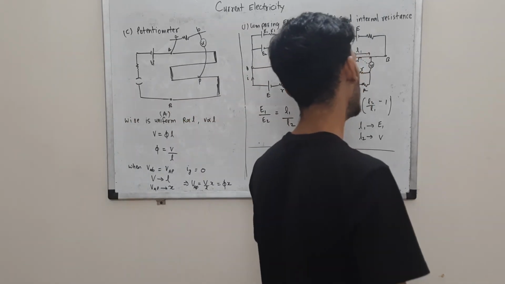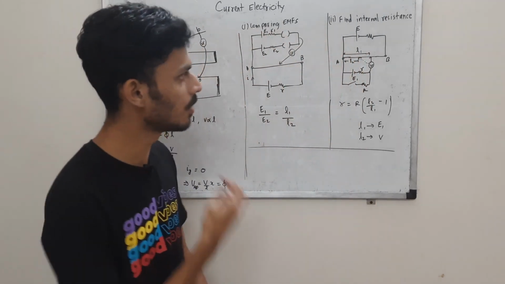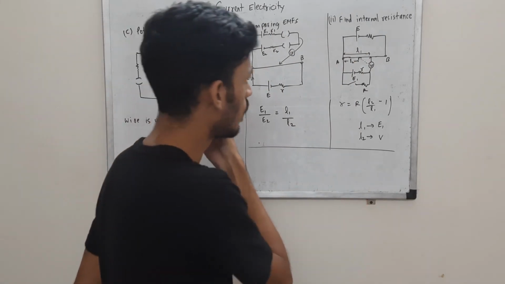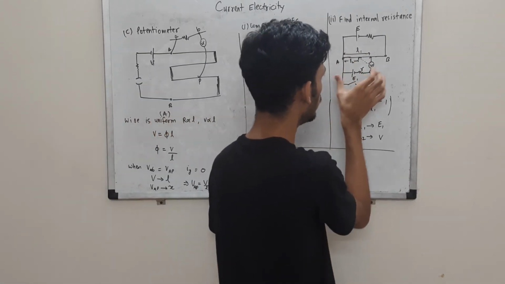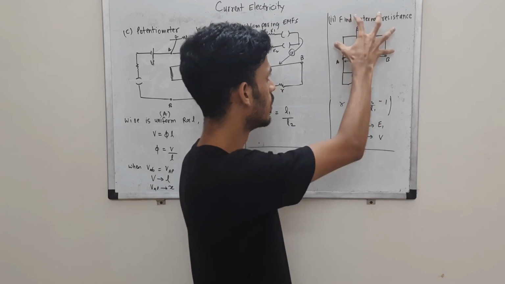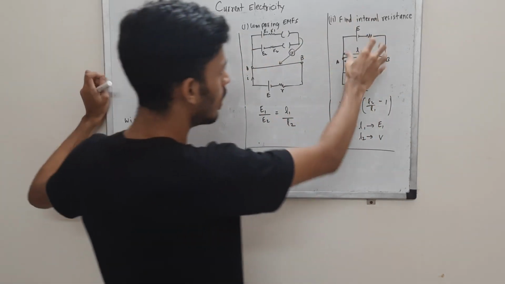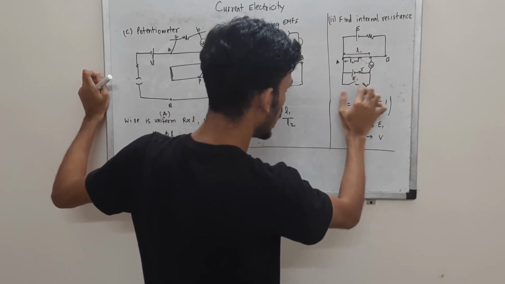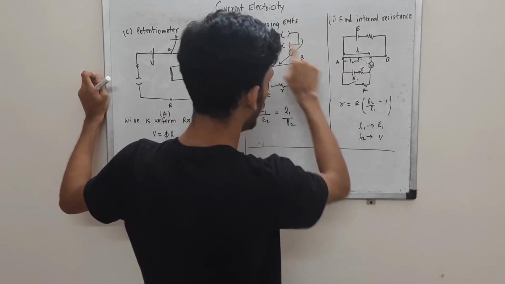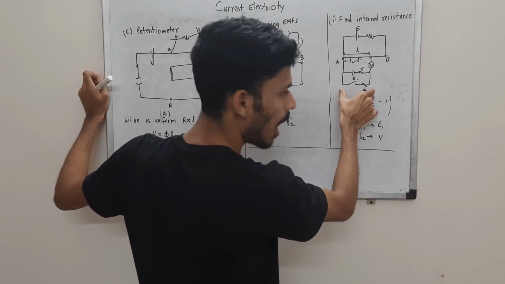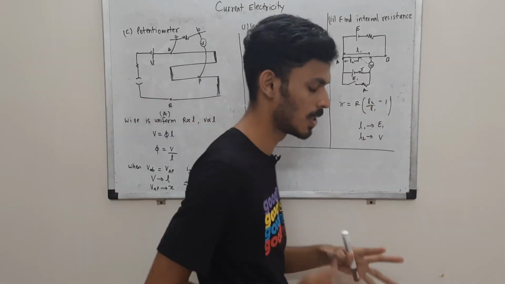Finally, we can also find the internal resistance of a cell using this potentiometer. We have this arrangement, and the above part is the same as before. The only thing changing is this part. We have a cell, we have a resistor, and finally we have some output resistor and a switch. This switch is important.